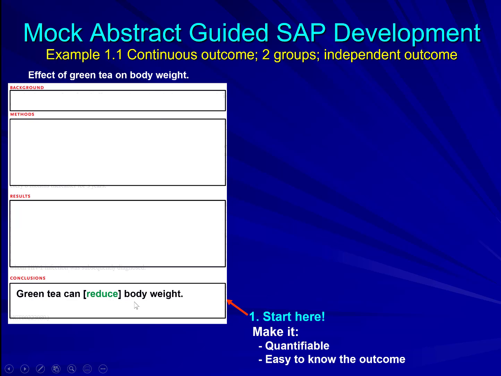Reduce means you're looking for the mean difference between the 2 groups, the group with and without green tea. So quantify mean difference. That means you have the mean weight in the green tea group and the mean weight in the group without green tea, 2 means to get the comparison measurement magnitude.